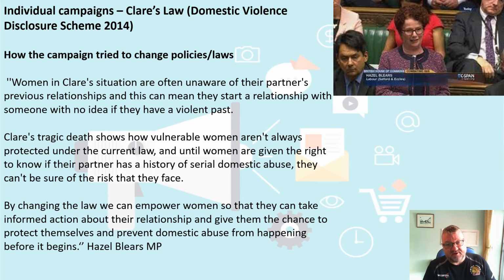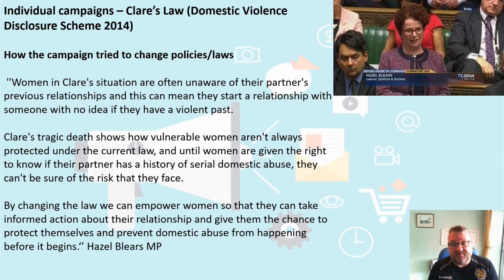Women in Claire's situation are often unaware of their partner's previous relationships. And this can mean they start a relationship with someone with no idea if they have a violent past. Claire's tragic death shows how vulnerable women aren't always protected under the current law.